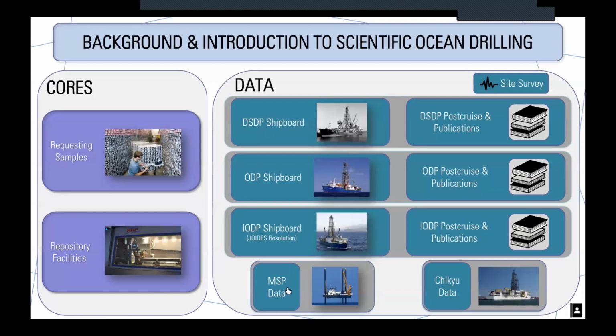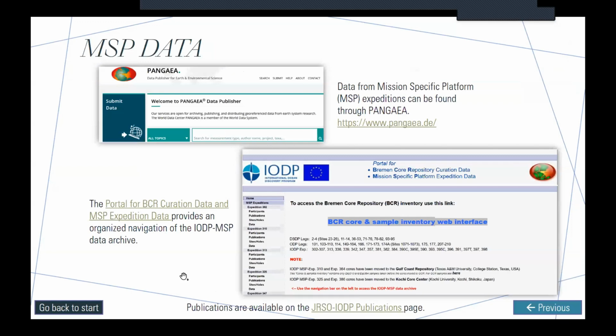Before we leave IODP, I'll show you really quick mission-specific platforms. So these are run through eCORD, so they're in a different database. They're in Pangaea, which is another data repository for georeferenced data. And you can simply go to the Pangaea page, but I sort of prefer using the portal that the Bremen Core Repository built.